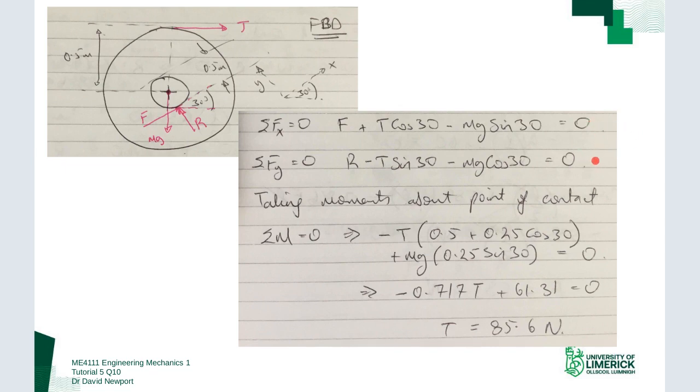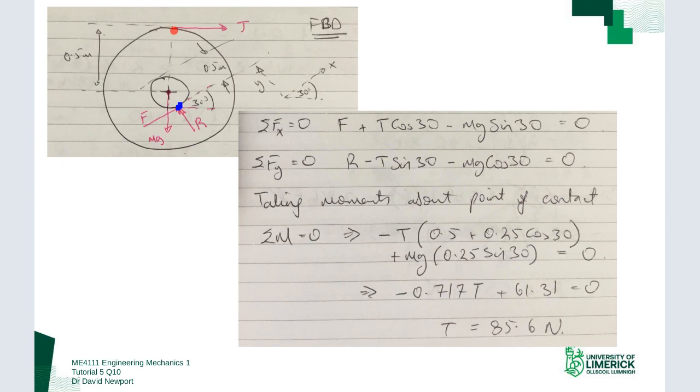So there are my two force equations, and the next thing I'm going to do is take moments about the point of contact, which involves mg, which I know, and then I can figure out what T is. So that's going to give me T. So minus T times 0.5 plus 0.25 cos theta.